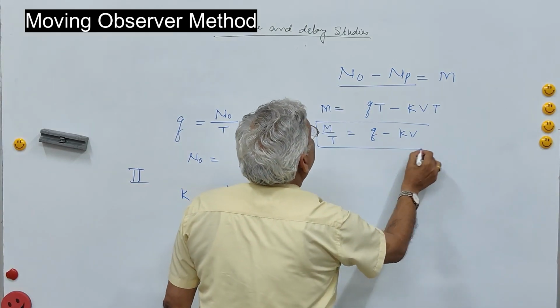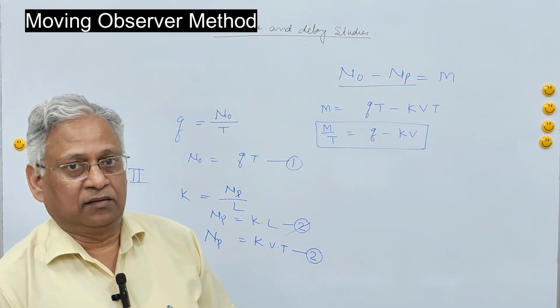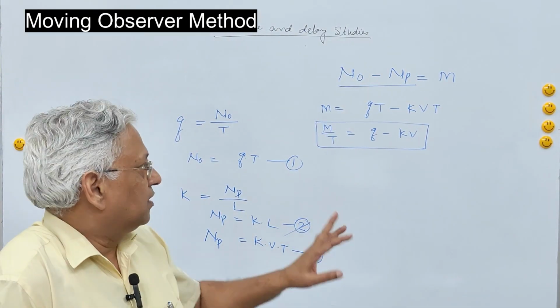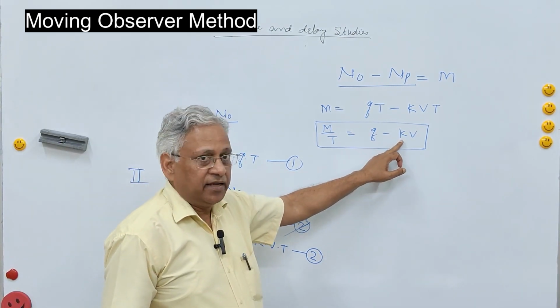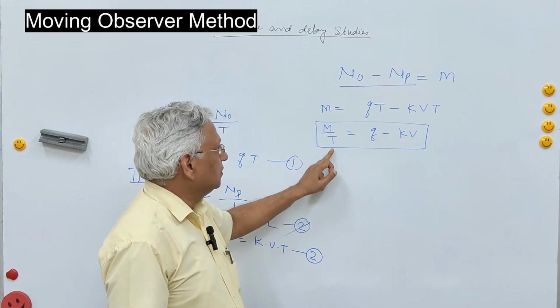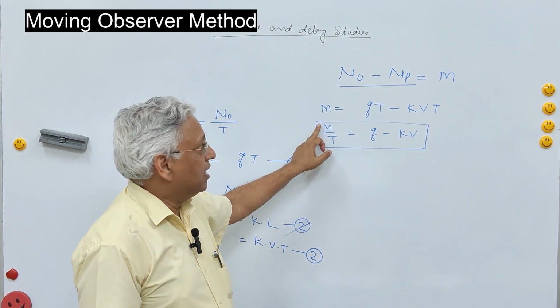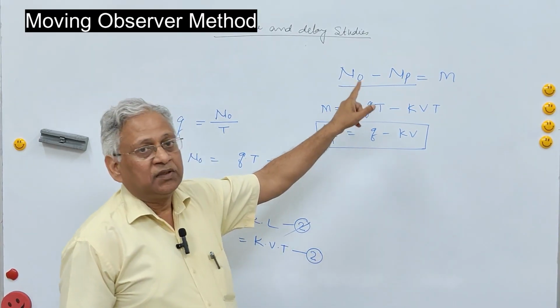Now this is the fundamental equation of the moving car method, or moving observer method, which relates the fundamental parameters q and k with speed, time and m. Remember, m is the difference of the number of vehicles overtaken and passed.